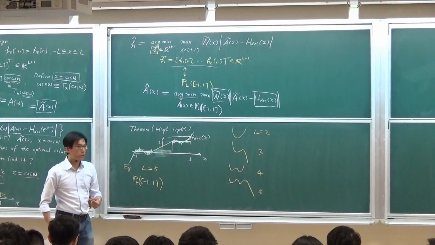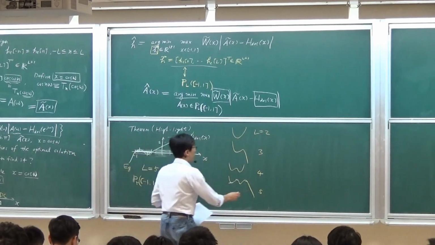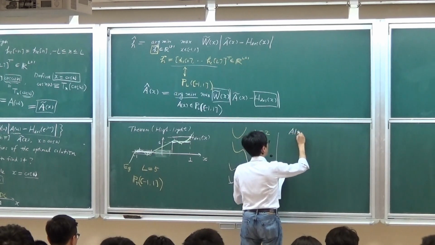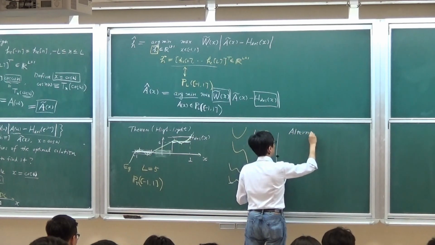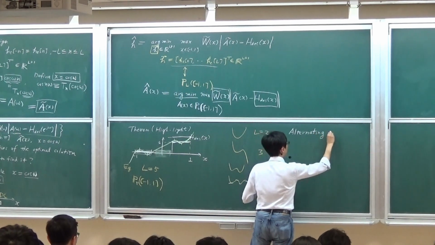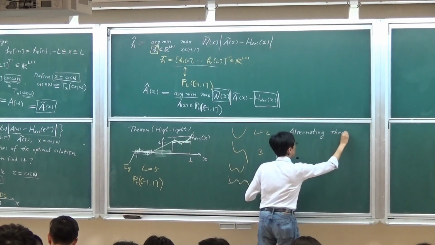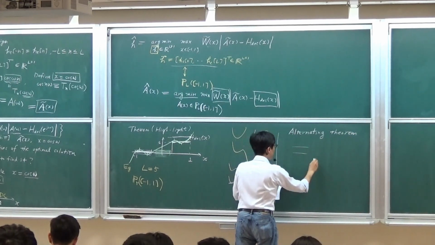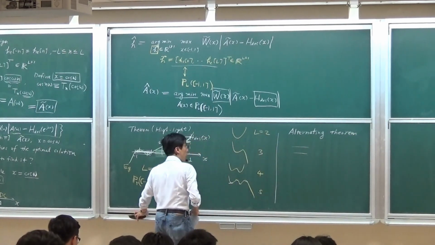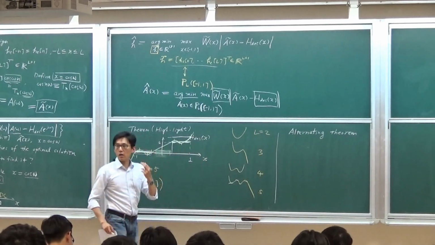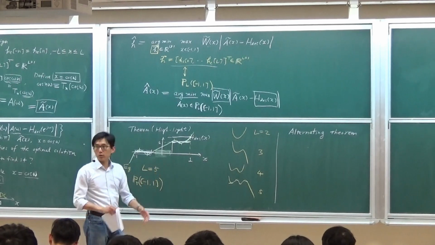This is the alternating theorem. Any such best fit would have to have at least L plus 1 alternating points.